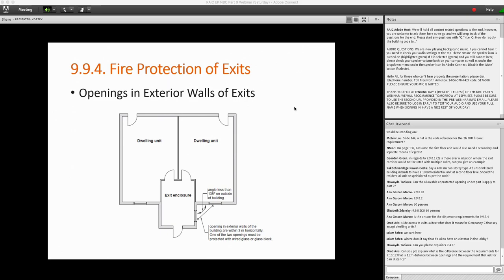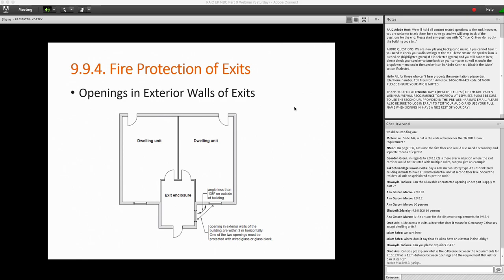Next question, Article 9991. I'll just flip my code. Egress from dwelling units: can we use a balcony or window as an exit? I believe I answered this question.